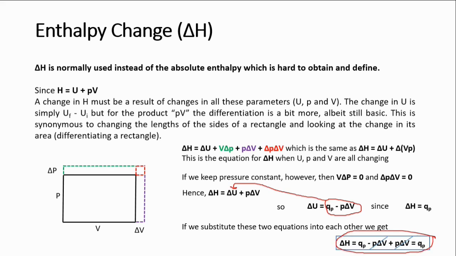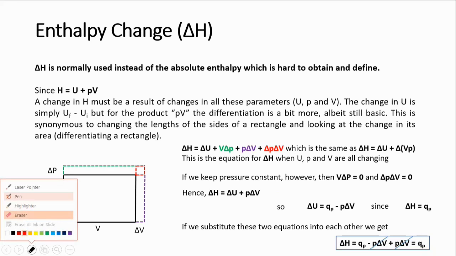There will be cancellation because the minus P delta V would cancel with the positive P delta V, as can be seen down here. And so what you find is that delta H is equal to Q at constant pressure. And that is just proof that delta H is equal to the heat change at constant pressure.